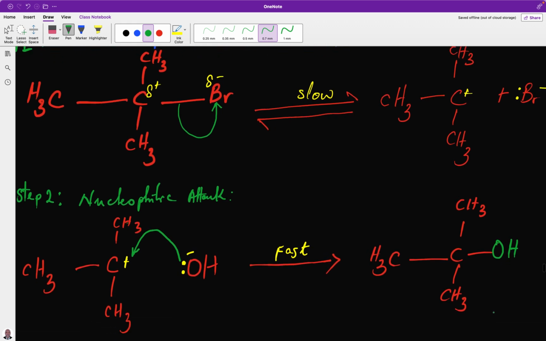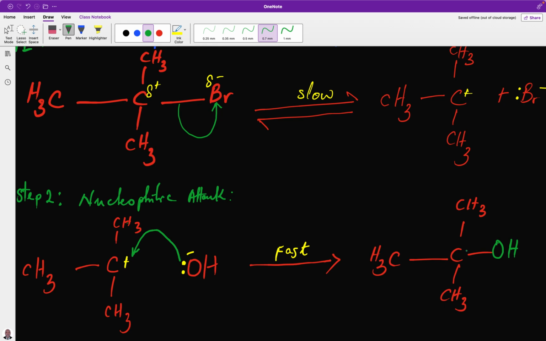And this alcohol is what? We have this is the first carbon, second carbon, and the third carbon. We now say it is 2-methyl.